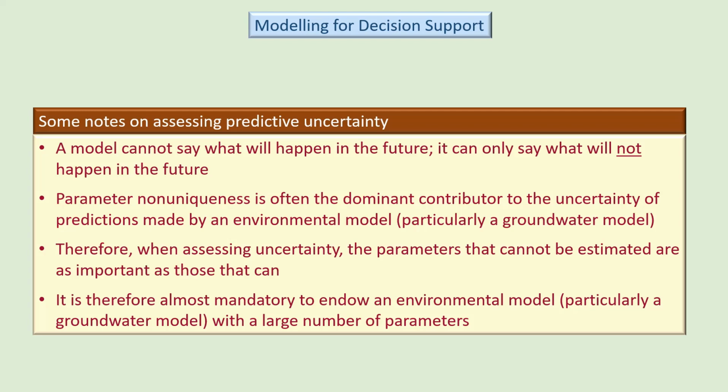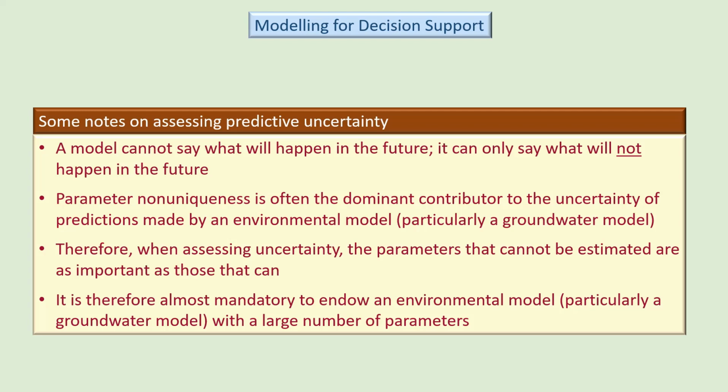It requires recognition of the fact that in environmental systems, parameter non-uniqueness is generally rife, particularly as it pertains to groundwater modelling. The medium through which water flows beneath the surface is heterogeneous at every scale, and we do not know the properties from place to place, but we know something about those properties from site characterization.